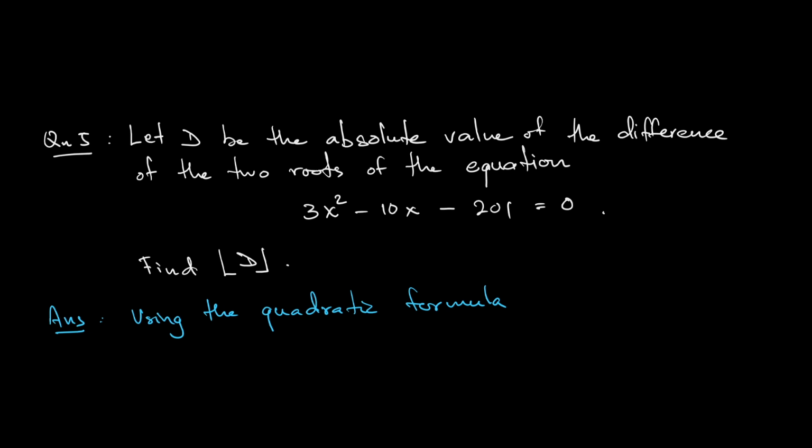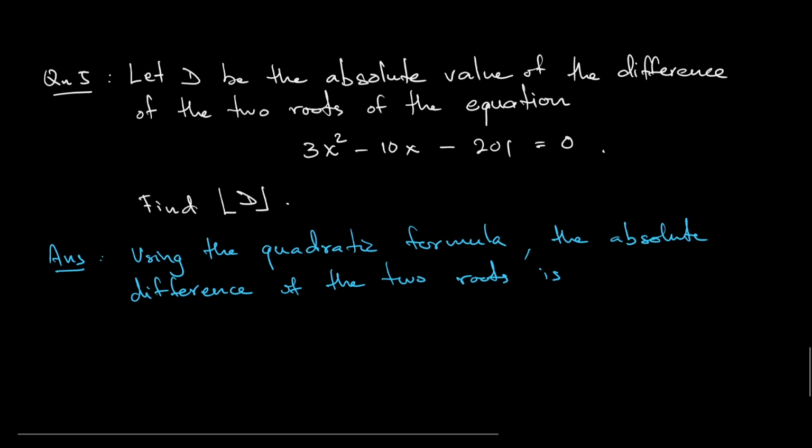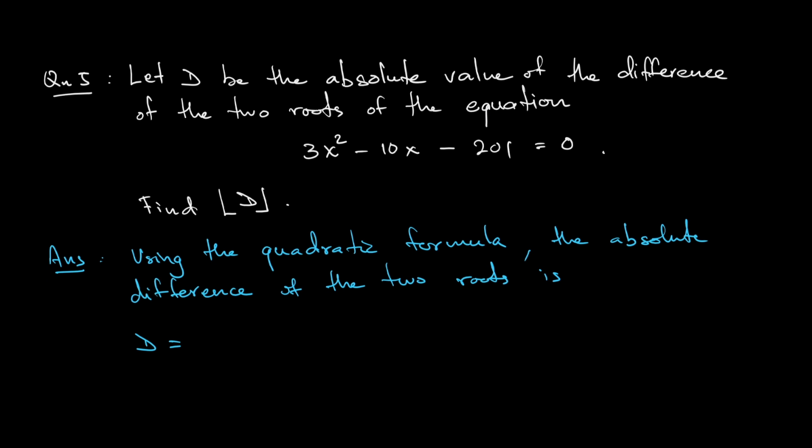So if you find the difference of the two roots using the quadratic formula, the absolute difference, or some may just call it the positive difference of the two roots, is D, which is equal to, like I said just now, this is one of the roots, divided by 2a.